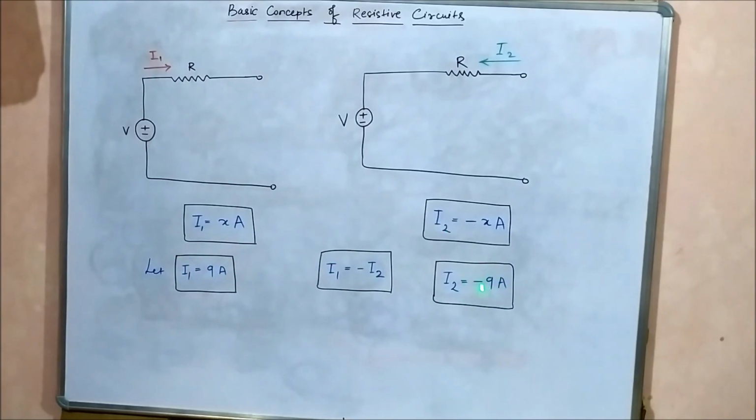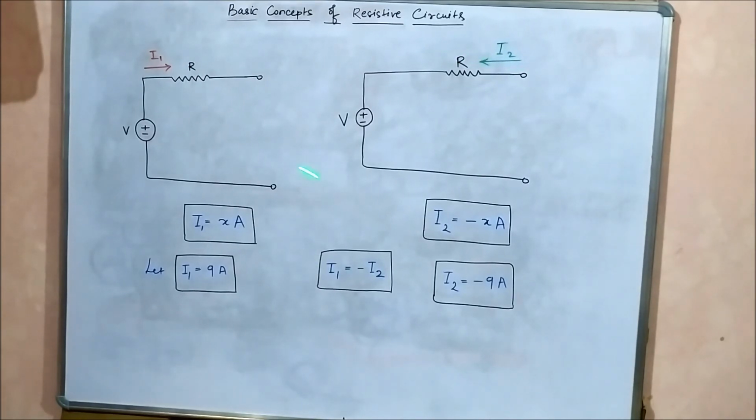But a minus sign will appear when we change the direction in which we are measuring the current. Here it was flowing in this direction, but here we have considered this direction. So the magnitude will stay the same, but we will get a minus sign. So the relationship between the currents I1 and I2 in this circuit is that I1 is equal to minus I2, because of a simple change in the direction of the flow of current.